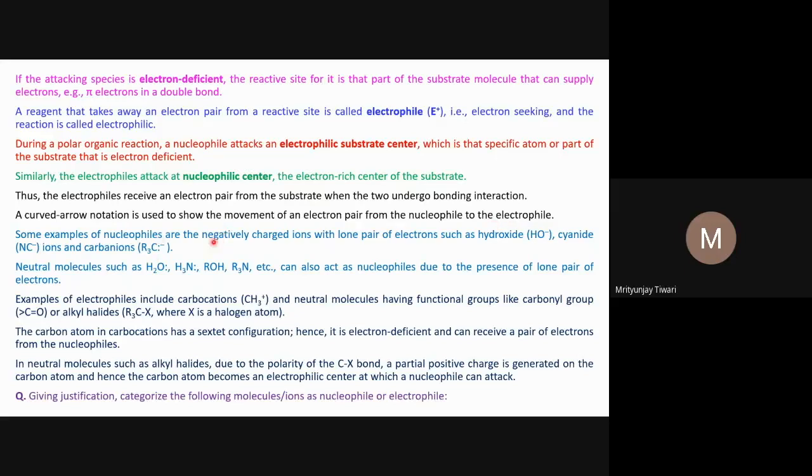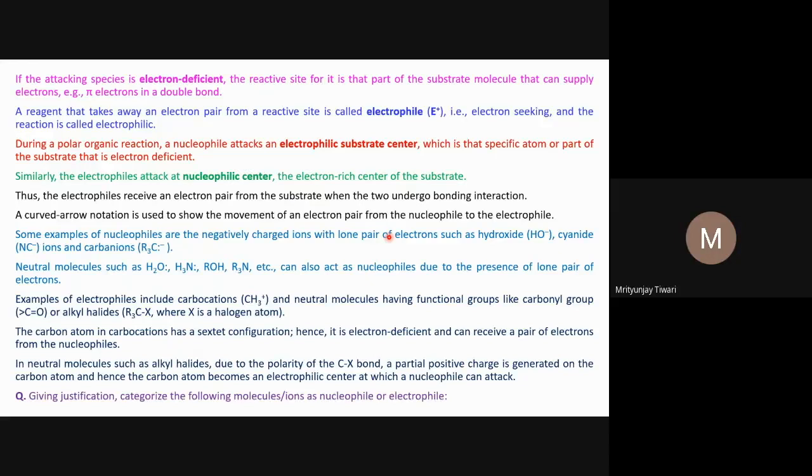Some examples of nucleophiles are negatively charged ions. Negatively charged ions or carbanions are nucleophiles because they are all electron rich species. Neutral species with lone pairs of electrons also behave as nucleophiles, for example the water molecule and ammonia molecule.